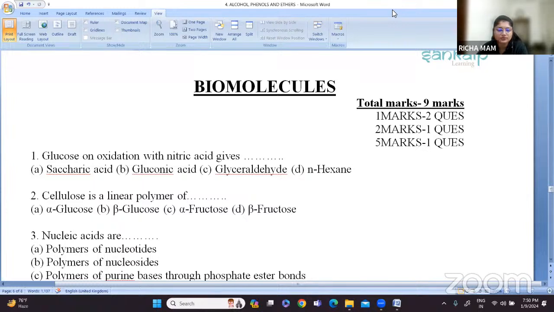Now, can you tell me the chemical composition of nucleic acid? What does a nucleic acid composed of?